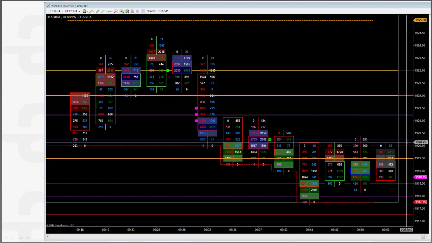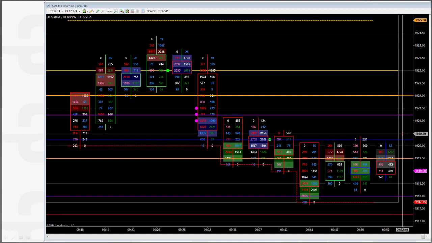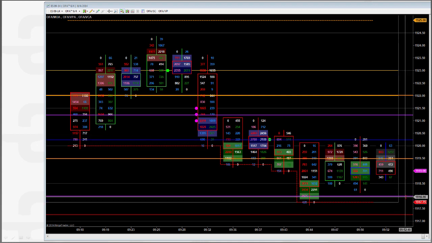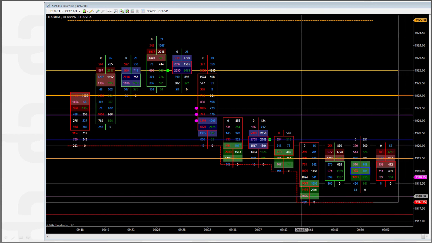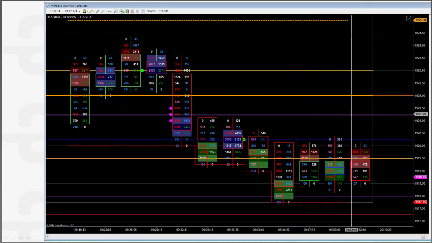So what this is telling me is we have a little bit of a balance area happening between this 2050 down to the closing swing low from Friday at 18. I had this drawn from Friday. This is a key level, as well as this closing swing high at 21.25.